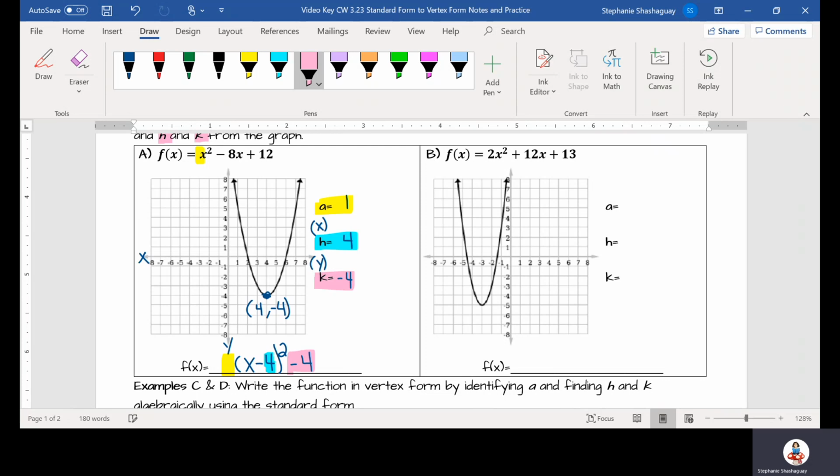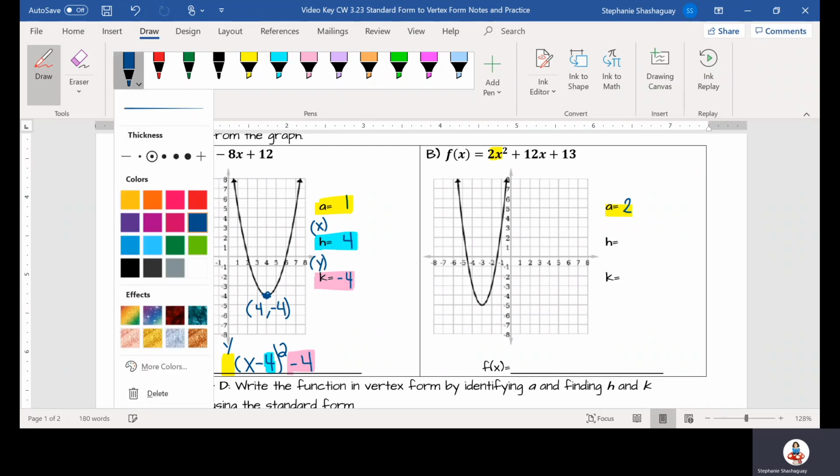All right. Let's look at example B. f of x is equal to 2x squared plus 12x plus 13. Well, my a is equal to 2. My vertex I can look at my graph to identify.